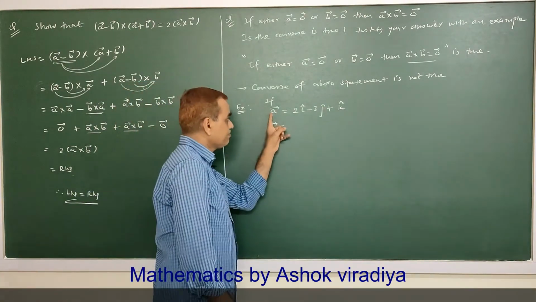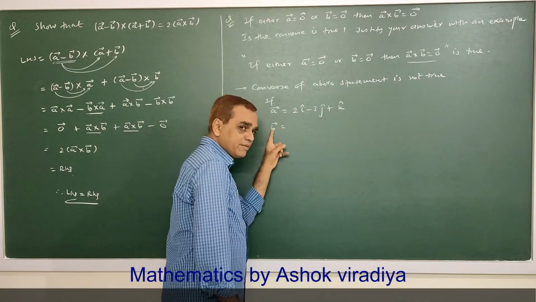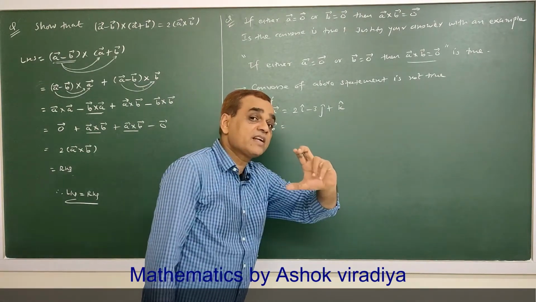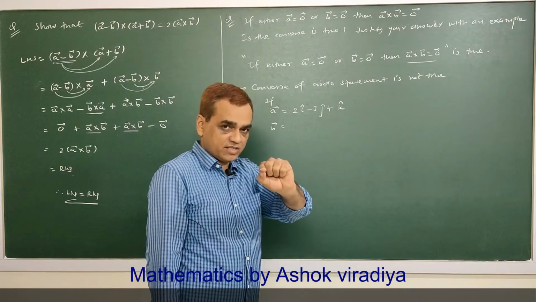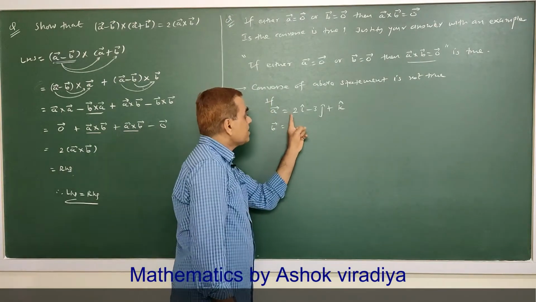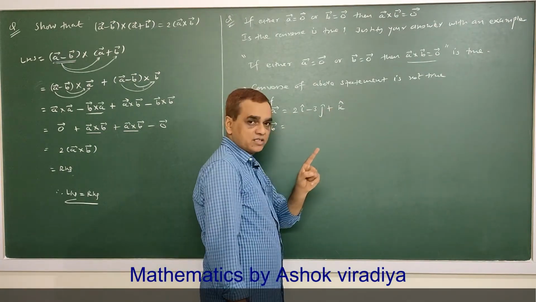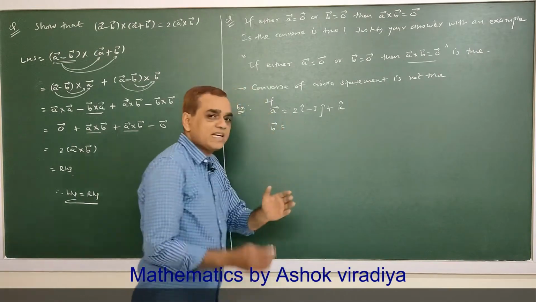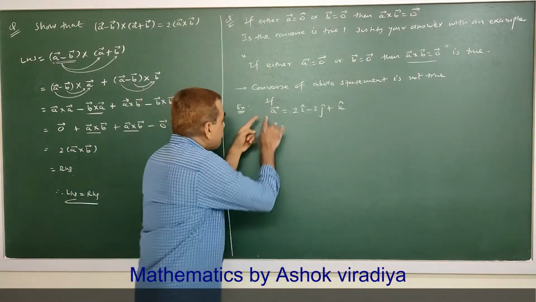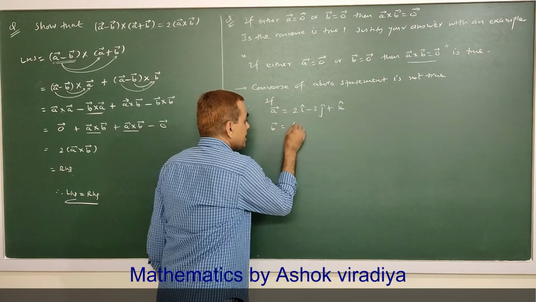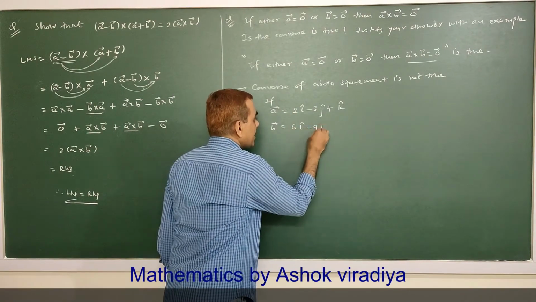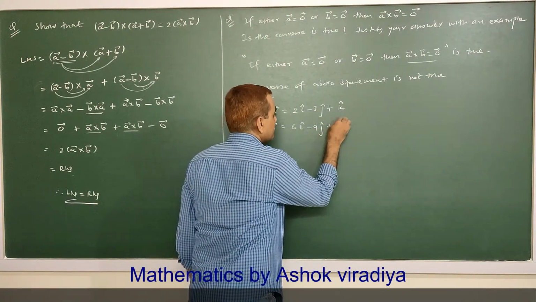Now I am taking vector B such that vector A and vector B are collinear. So multiply this vector by any number. Suppose I am multiplying this by 3. So 3 into 2, 6, minus 9, plus 3.